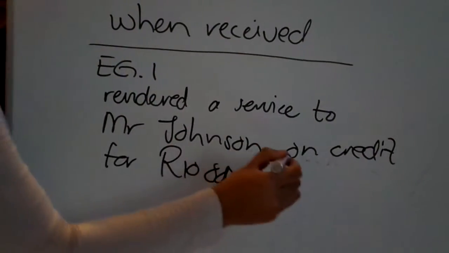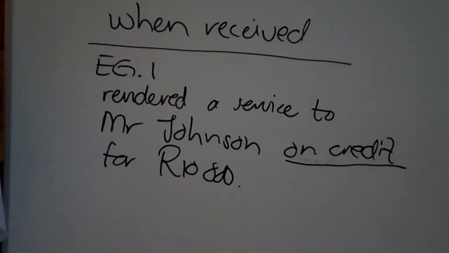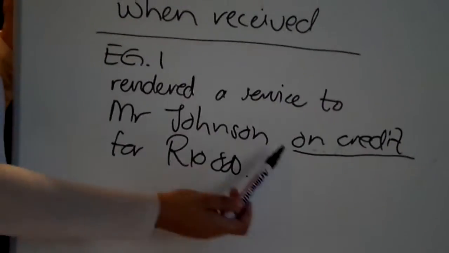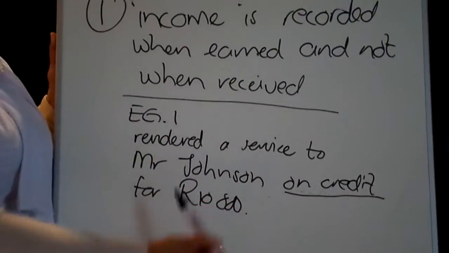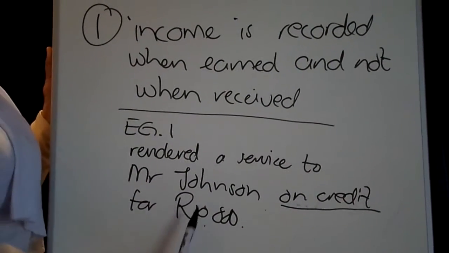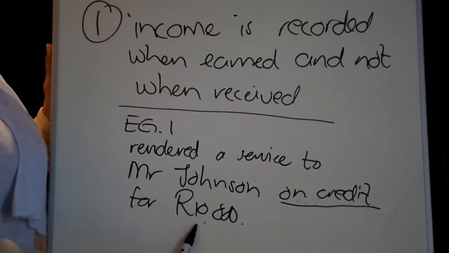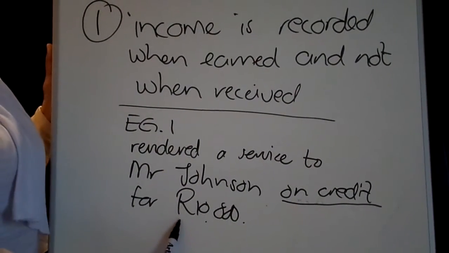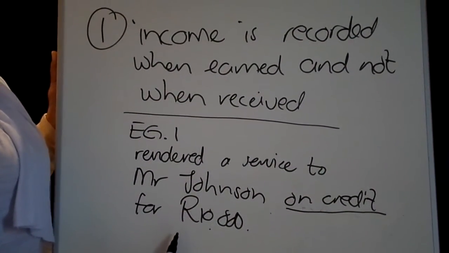The words on credit mean you did not receive the cash. So what does the accrual basis say? Irrespective of the fact that Mr. Johnson did not pay you, you earn the income when you render the service. So your entry there would be a debit to accounts receivable and a credit to services rendered with 10,000 Rand.